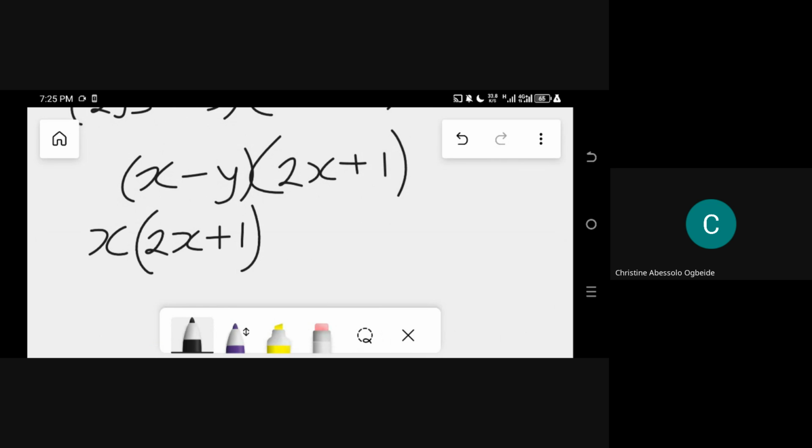Then you also say minus y will still multiply 2x plus 1. So in essence, when you're expanding the brackets, each term in the first bracket has to multiply the second bracket. That is why when we had x minus y multiplying 2x plus 1, we brought out x first. We said x multiplying that second bracket. Then we also say minus y multiplying the second bracket. Then you do the work and see what you get.